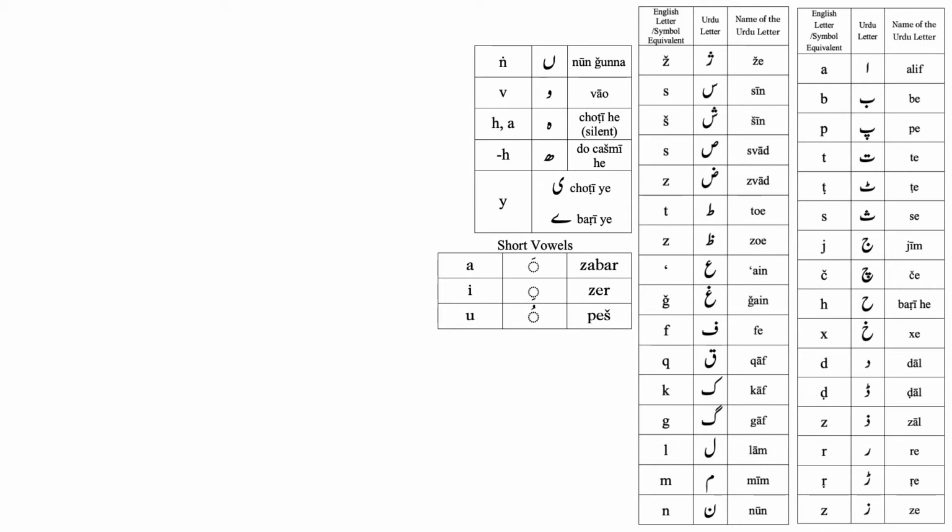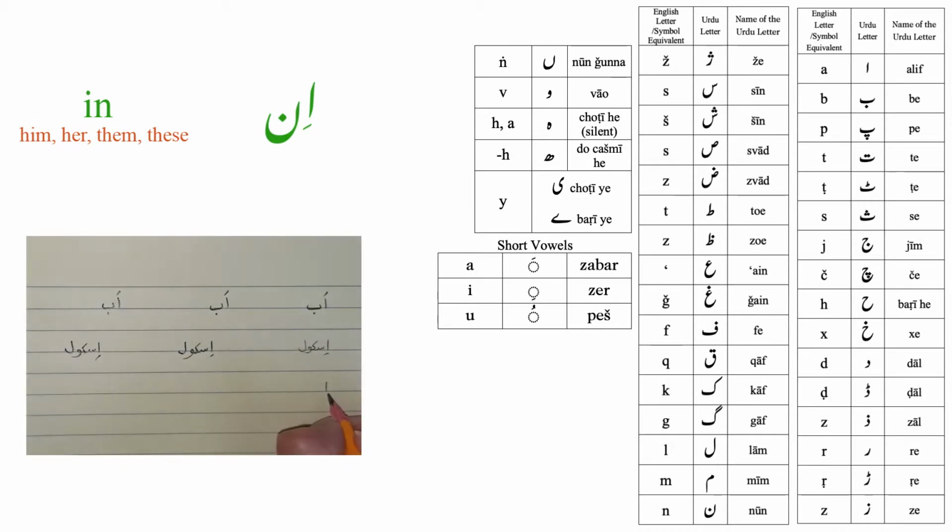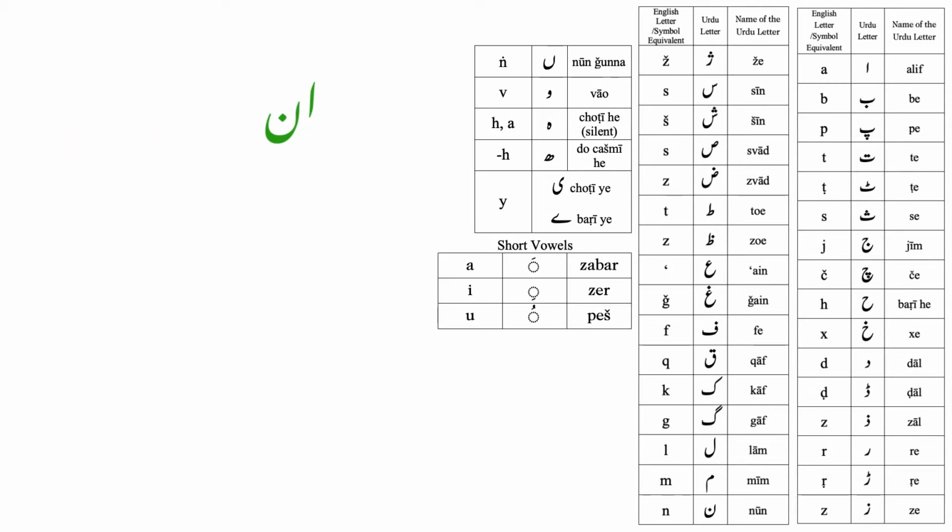Another word that's relatively easy that I haven't shown before is in. In means him, her, them, or these. So we have iskul and we have in. Finally, our last short vowel symbol is pesh, and it makes the u sound.